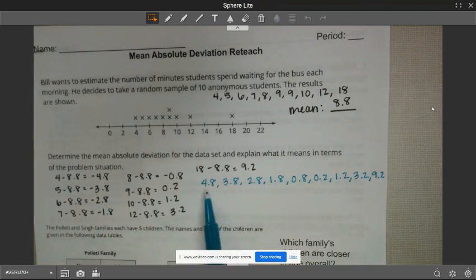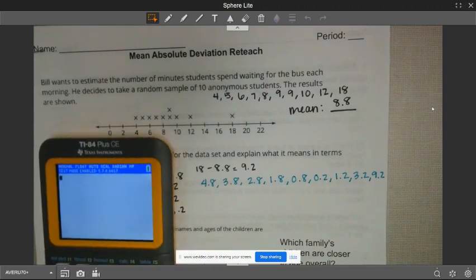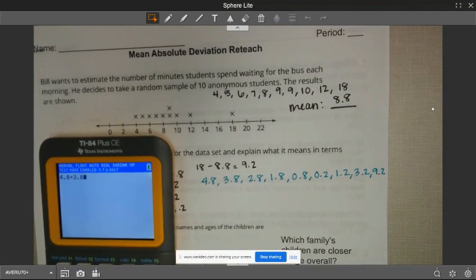Mean absolute deviation, well, that tells me I need to take the mean of all of my absolute deviations. So again, we're going to add all these numbers up and then divide by the number I added. So 4.8 plus 3.8 plus 2.8 plus 1.8 plus 0.8 plus 0.2 plus 1.2 plus 3.2 plus 9.2. Oops, I think I added something wrong here.